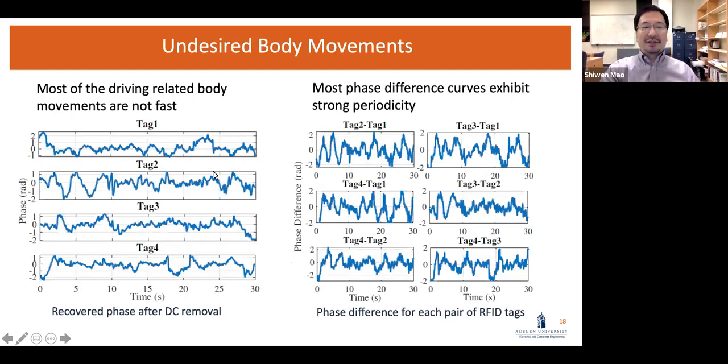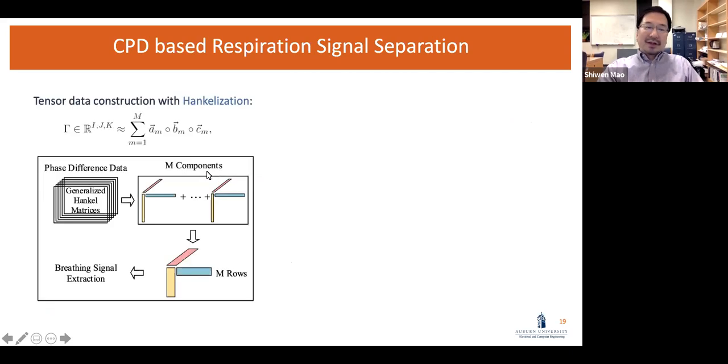It's time series data, right? From this one-dimensional time series, we can apply a technique called Hankelization to construct a Hankel matrix, which makes them two-dimensional.